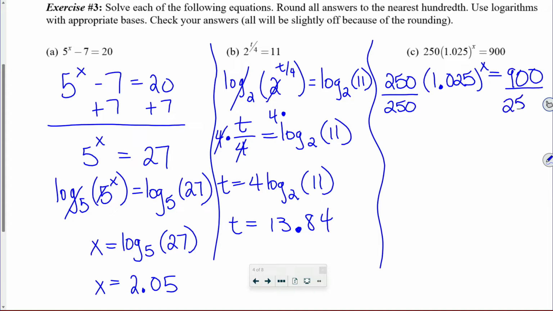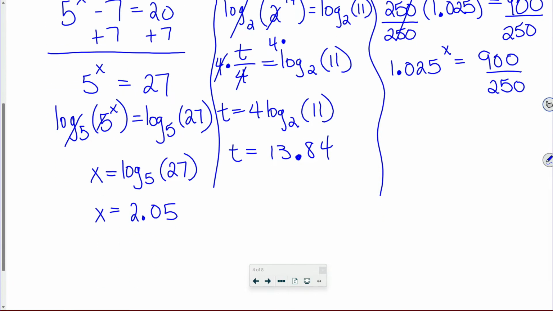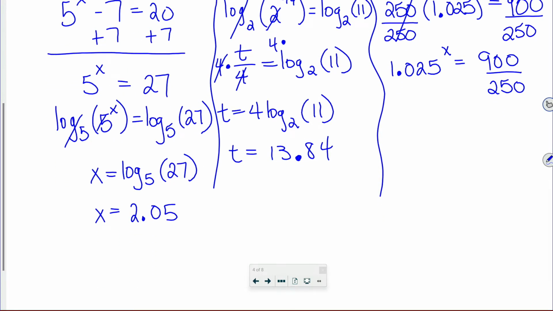Now again, just like before, it's probably tempting to figure out what 900 divided by 250 is. Actually, I'll write that now without the parentheses. We don't need that. But I'm just going to leave it like 900 divided by 250. There's really absolutely no motivation for figuring out what 900 divided by 250 is.